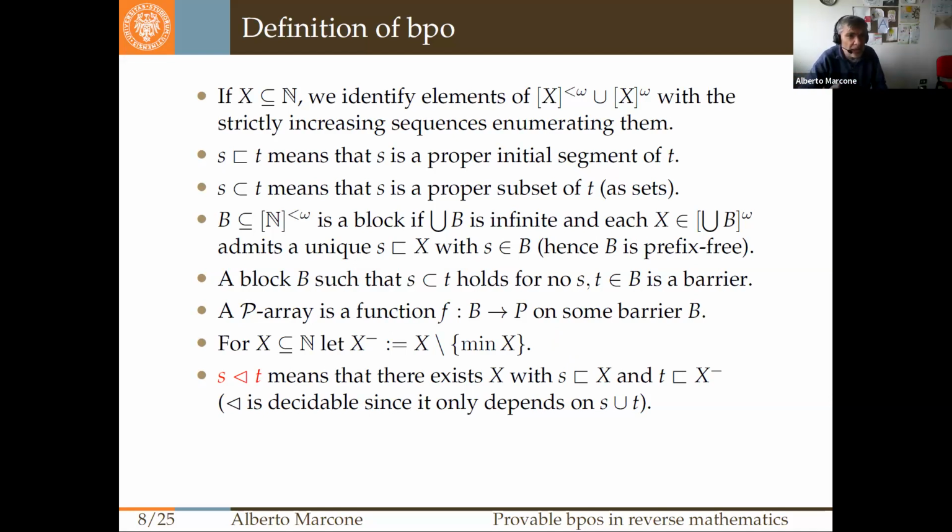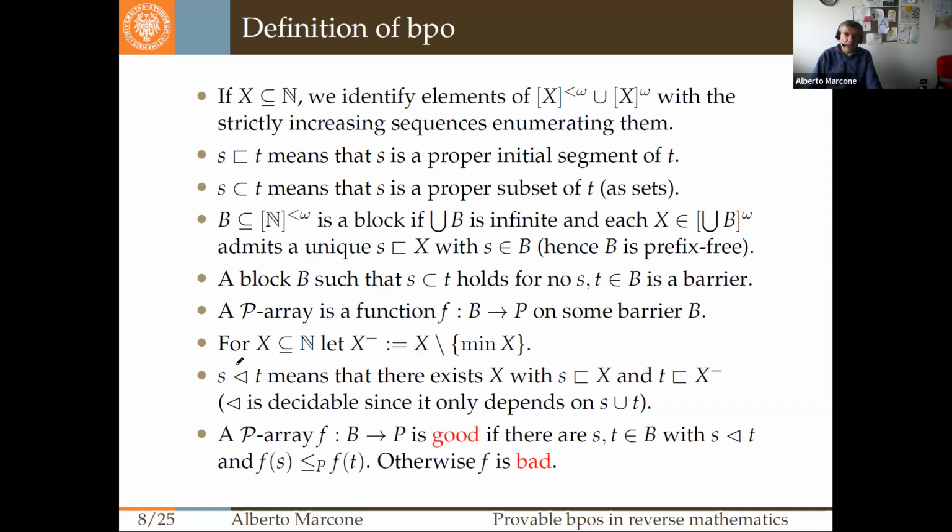On singletons, it's the same as the usual order relation when we make this identification between numbers and singletons containing them. So singleton N is in the triangle relation with singleton M exactly if N is strictly less than M. So the triangle relation is sort of an extension of a less-than relation, which was also involved in the definition of well-partial order I gave before.